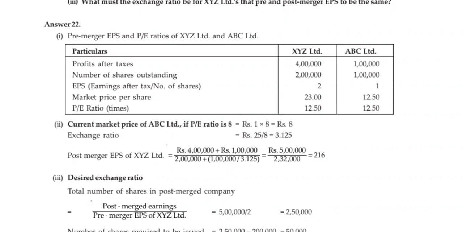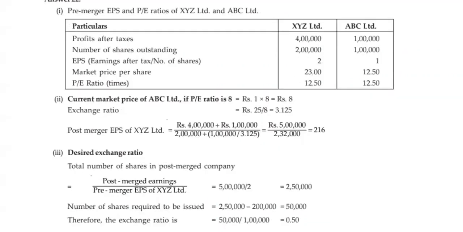This is the total number of shares in the post-merger company, 2,50,000. Now, out of 2,50,000, the number of shares required to be issued is 2,50,000 minus 2 lakh, because this is the number of shares outstanding. So how many shares do we need to issue? 50,000.